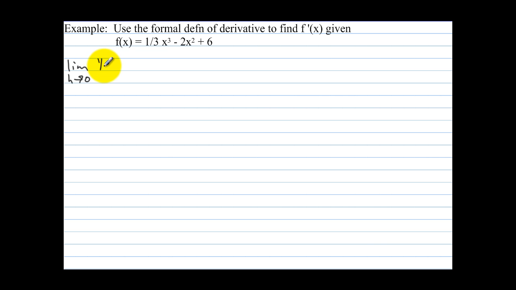So we have 1/3 times x plus h to the third minus 2 times x plus h squared plus 6. There's your f of x plus h, and then minus f of x, which is 1/3 x to the third minus 2x squared plus 6. And that's going to be all over h.